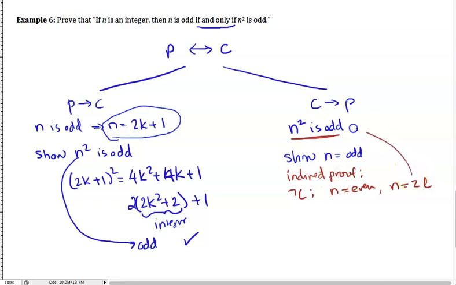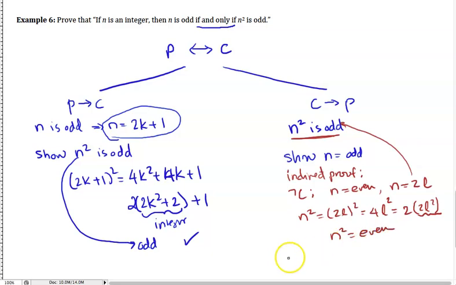So I'm going to plug this in, and I'm going to show n squared is (2L) squared, which is 4L squared, which I'm going to write as 2 times 2L squared. And because it's 2 times an integer, that means n squared is even. All right, but that's a contradiction because I started knowing that n squared is odd.